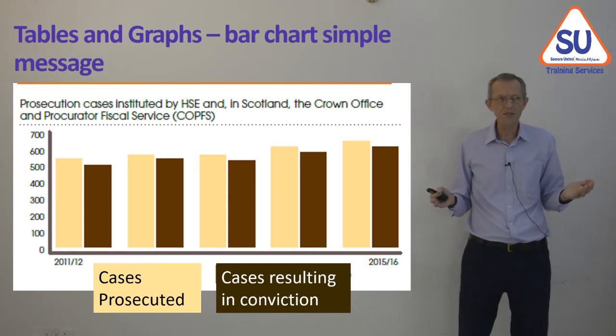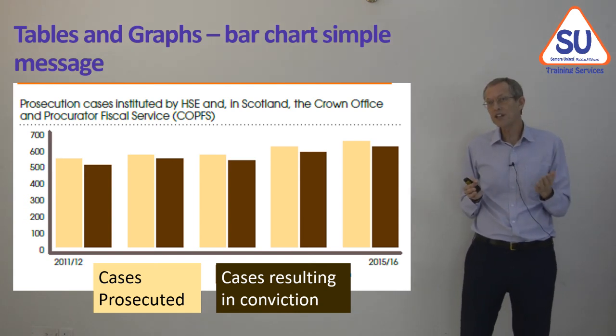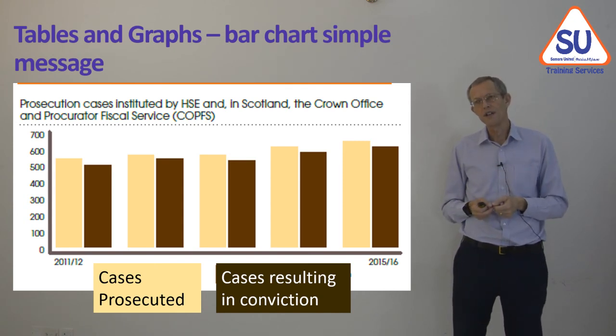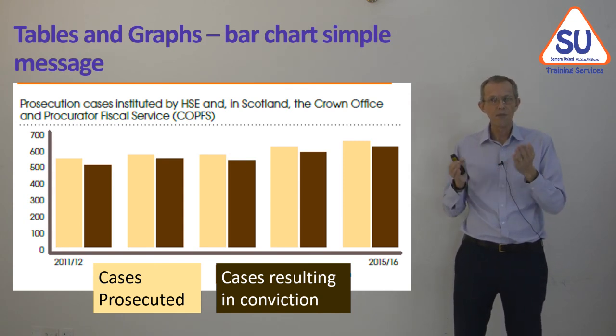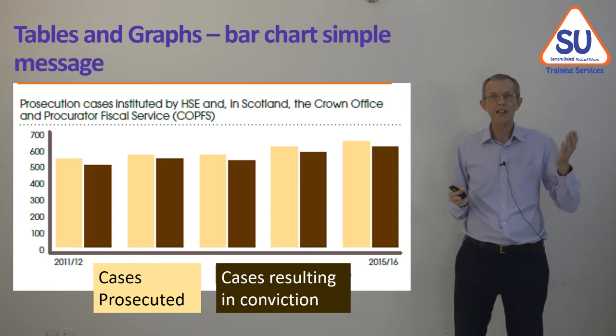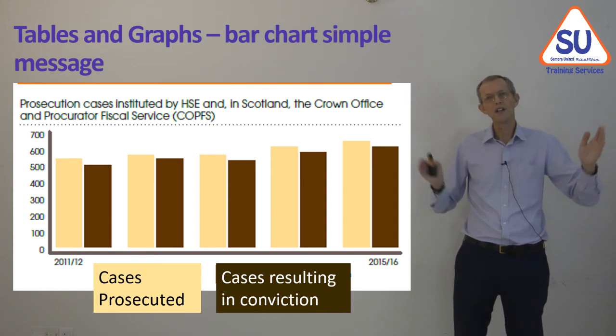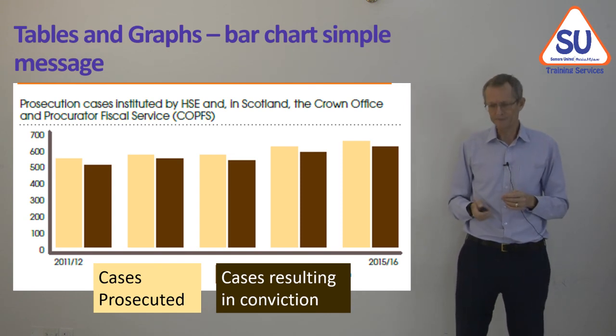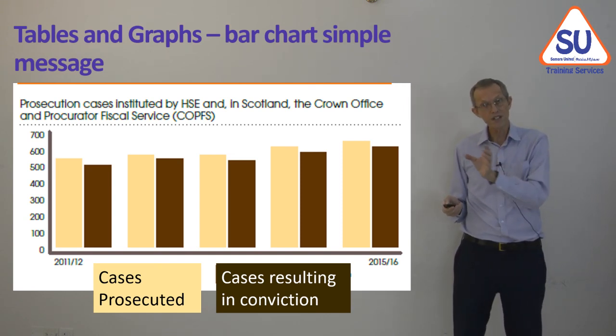So what does that say to us? It means that if the HSE threaten you with a court case, you are very likely to lose. And because of this data, most companies in the UK, if the HSE threaten to prosecute, just plead guilty and accept it. It saves a lot of time and money. But the chart has made it clear.